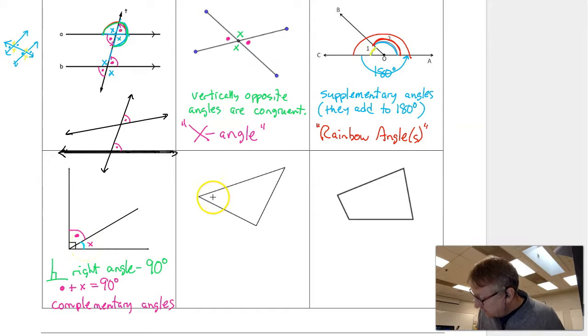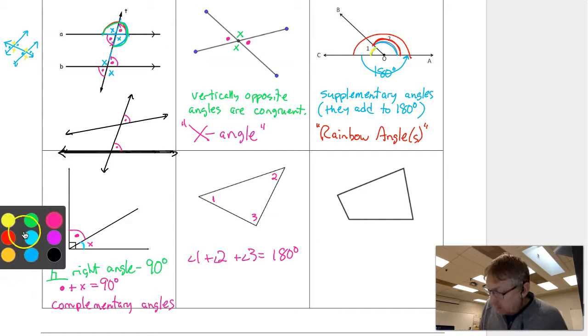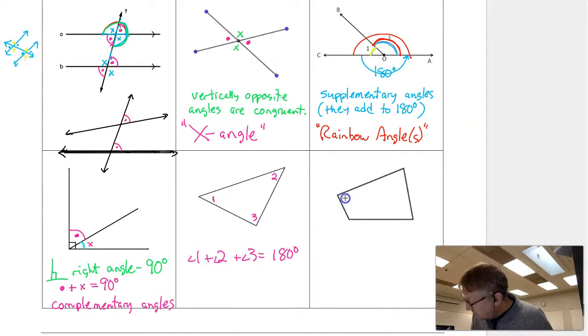Last reminder, angle 1 and angle 2 and angle 3 together in a triangle always make, whoopsie, oh man, that's terrible typing. Let's try that again. Angle 1 plus angle 2 plus angle 3 together makes 180 degrees in a triangle. And when we move to a four-sided shape, it doesn't have 3 angles in it, it has 4 angles.